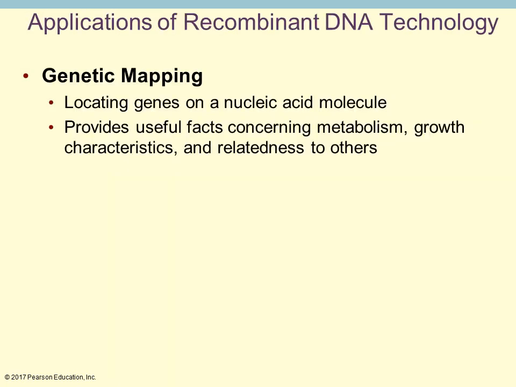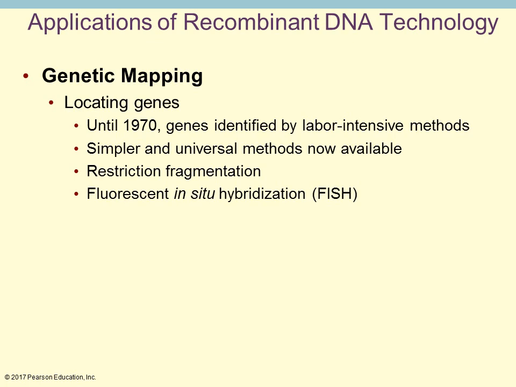Gene mapping is simply trying to figure out where on the nucleic acid, the entire molecule, the genes are located. It can give you ideas about characteristics of the organisms, how different genes may be related to one another, and things such as metabolism. Initially, it was very hard in the early days of this field.